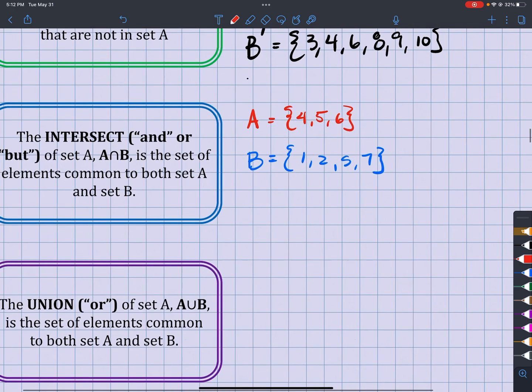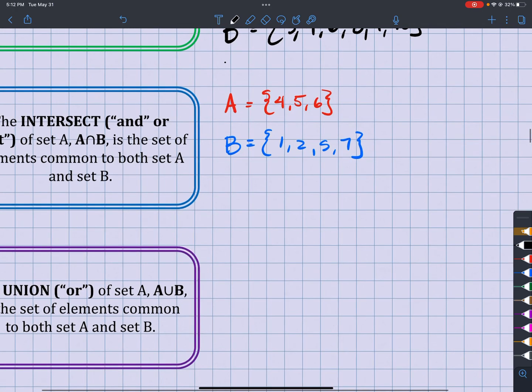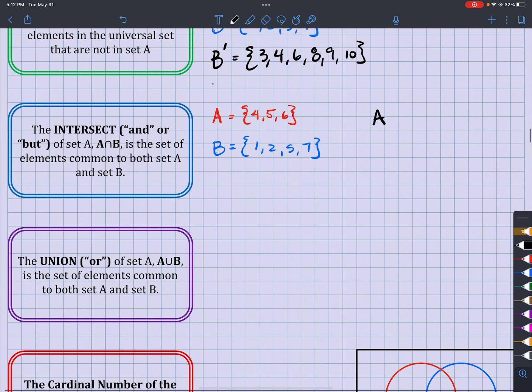All right, so if I was to say, hey, I want you to find A intersect B, okay? Again, this symbol right here means in common, right?